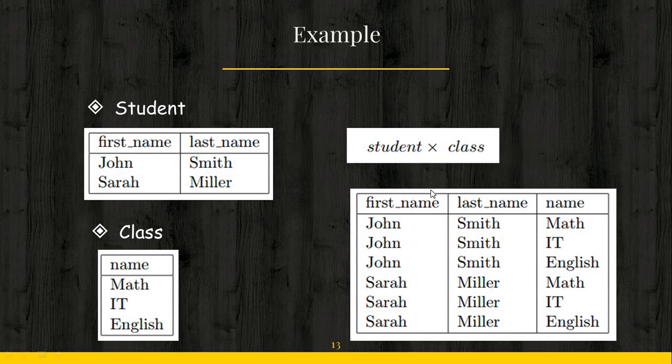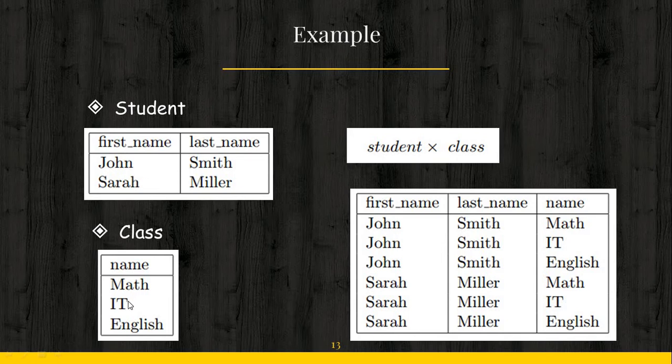Like set theory, here we combined or paired up the rows from one table with the rows of another table. Like the first row John Smith, we have paired up with the first row of class. That means John Smith, Math is one row of the Cartesian product.